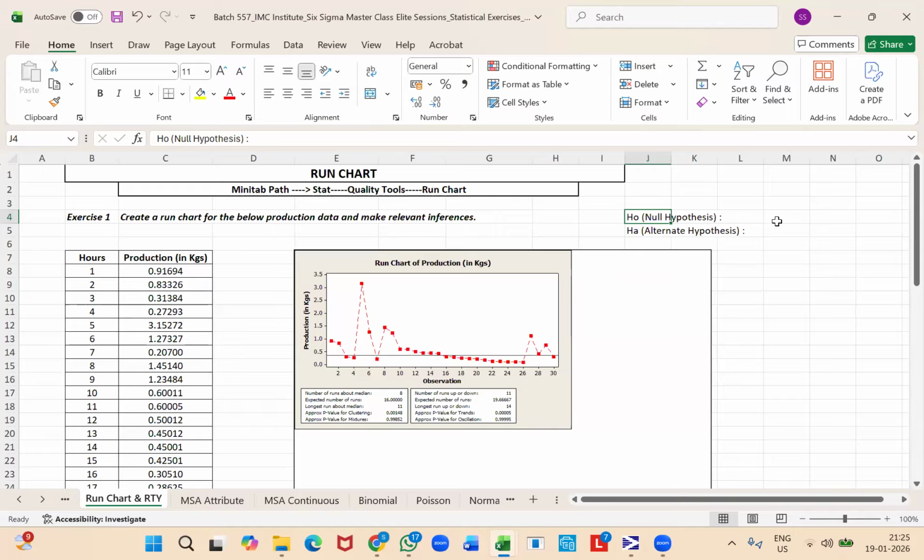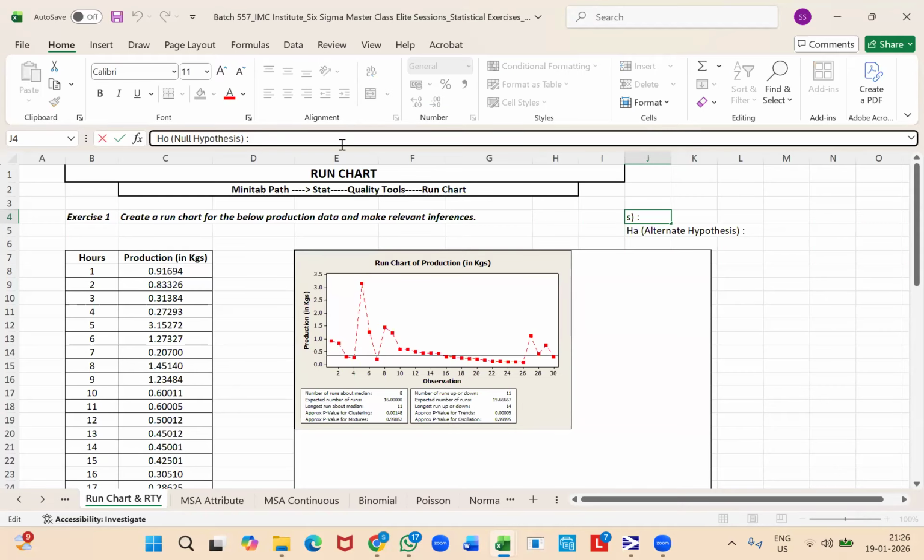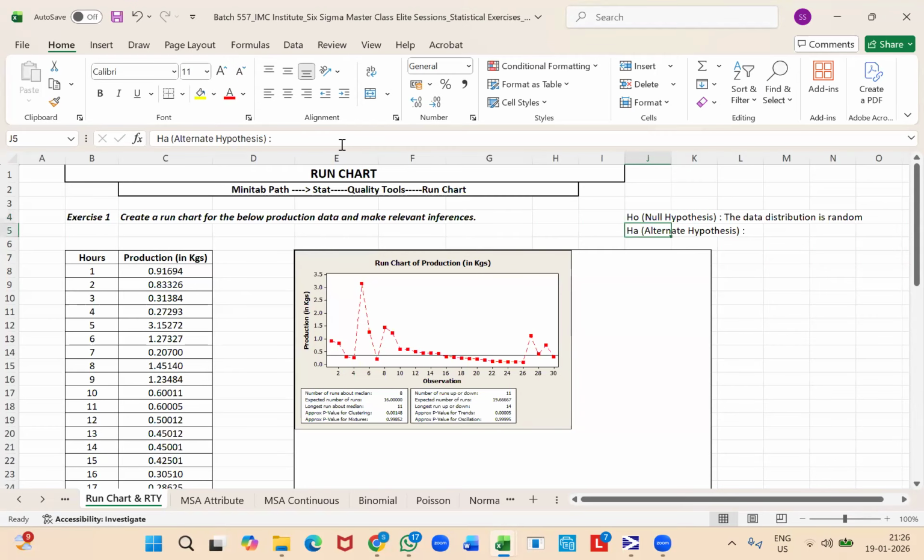So the null hypothesis in this run chart scenario will always be the data distribution is random, right? So that's why I would have told you, if p-value is greater than 0.05 for all the four non-random characteristics, then we need to infer that the data distribution is random.